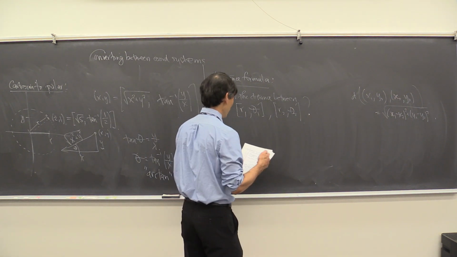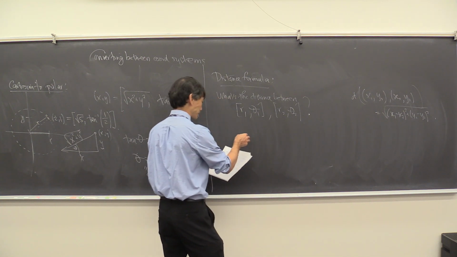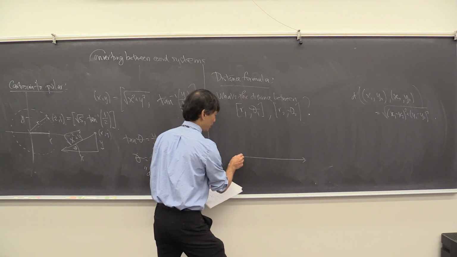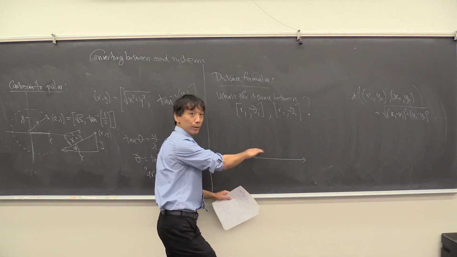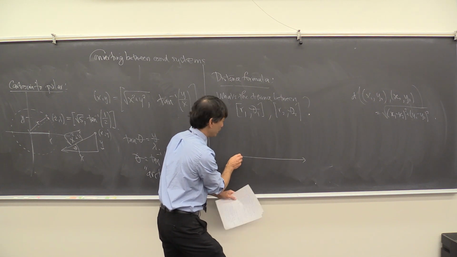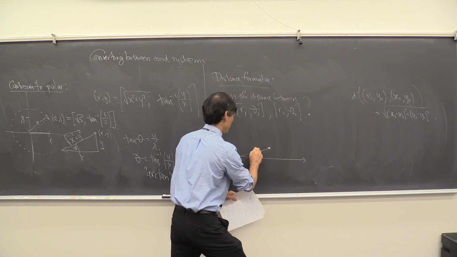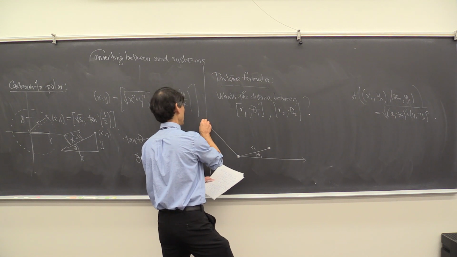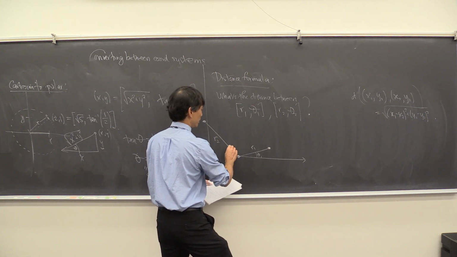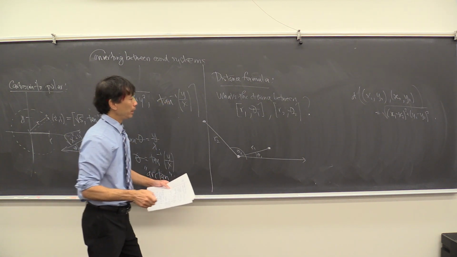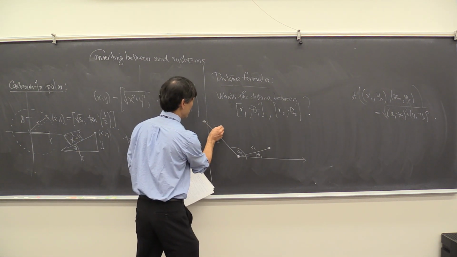But there's a cuter way to do it. What does this mean? Here's my pole, and here's my zero ray, and I've got 2 points. Let's say the first one is here, r1, theta 1, and the second point is here, r2, theta 2. What we're looking for is this distance here.